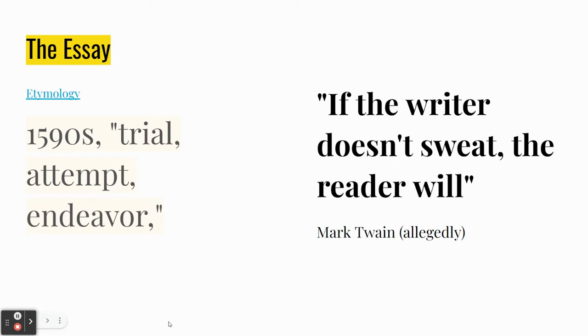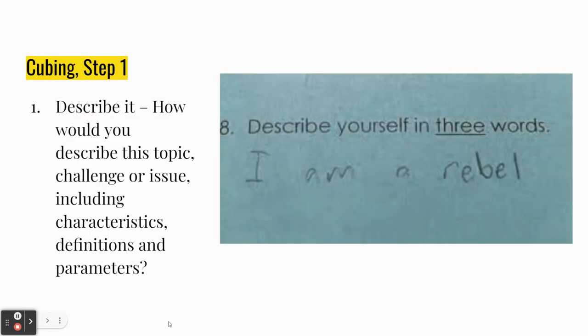Let's get on to cubing. Step one, describe it. How would you describe this topic, this challenge? What are the characteristics, definitions, parameters? Remember that description sometimes will include appeals to the senses: sight, smell, taste, touch, sounds. How do you deal with that?